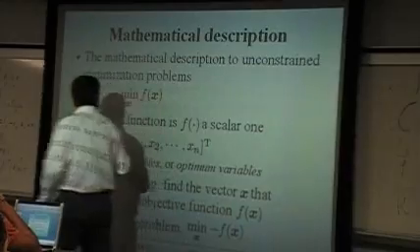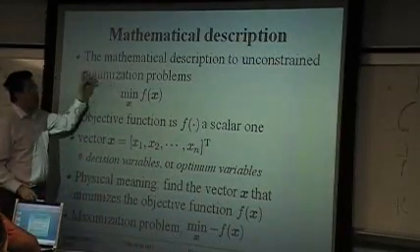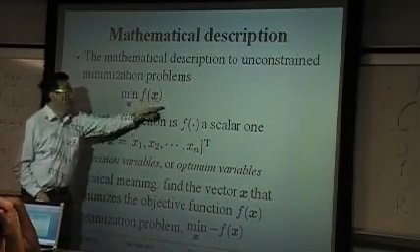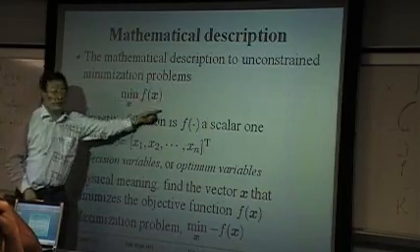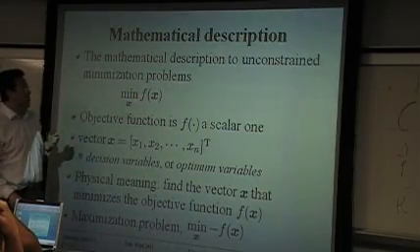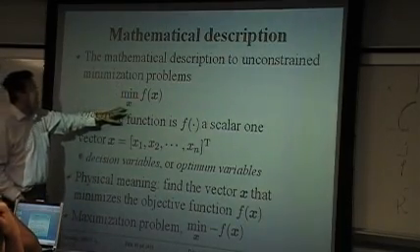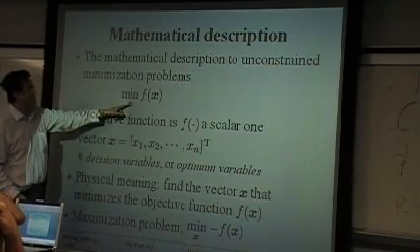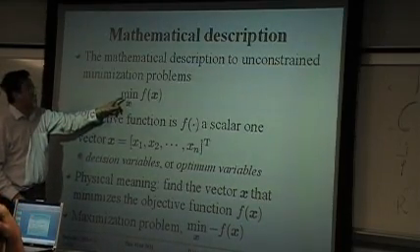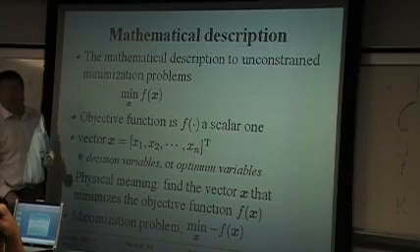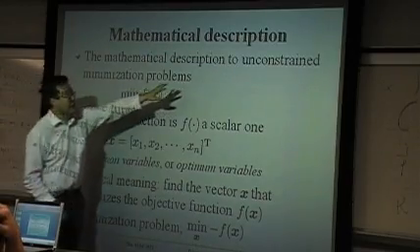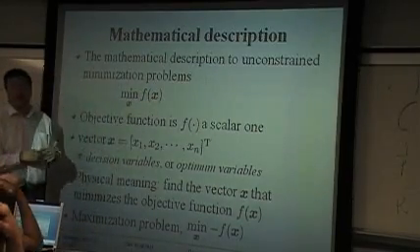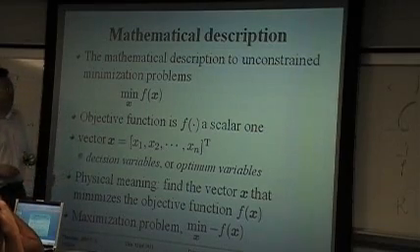But to use it, what you need to know is just what it means. Physically, for vector x, x can be any number, so we call it unconstrained. We do not have any constraint on the selection of x.